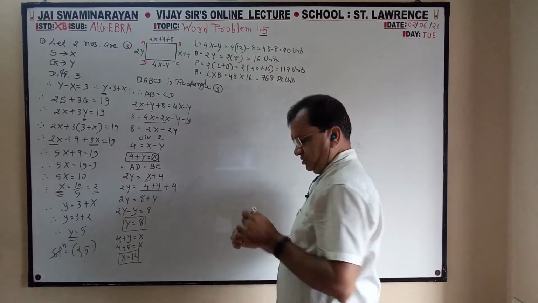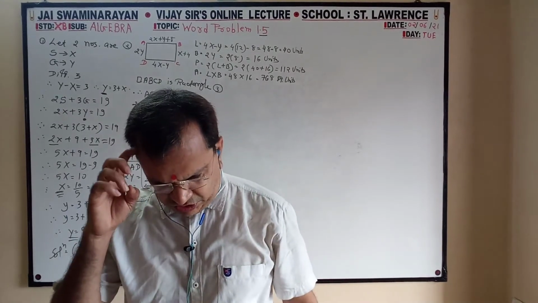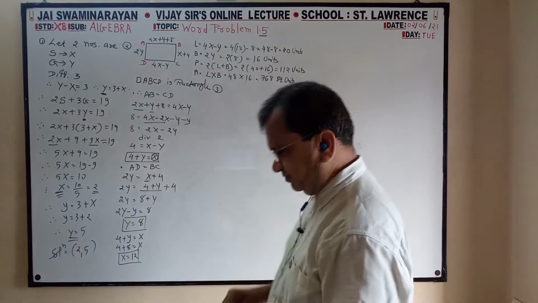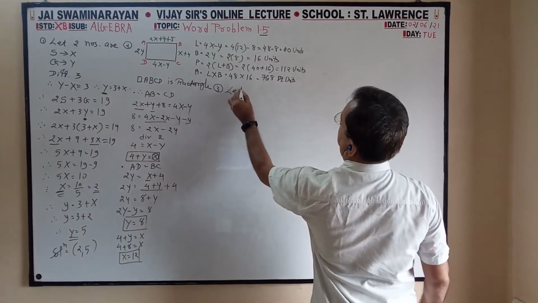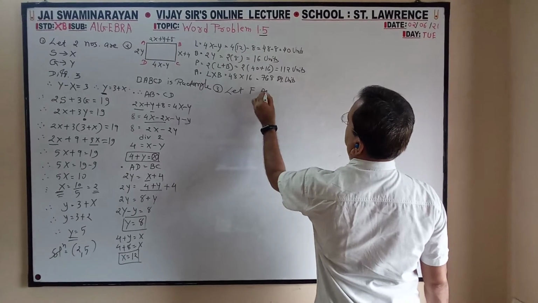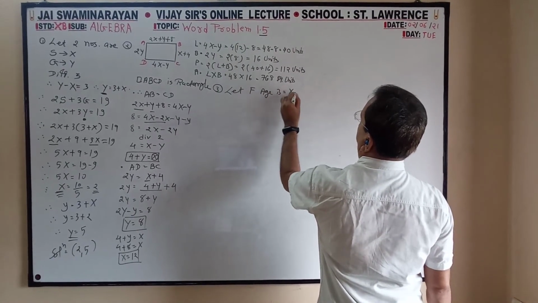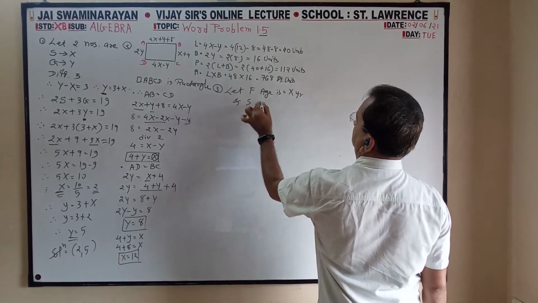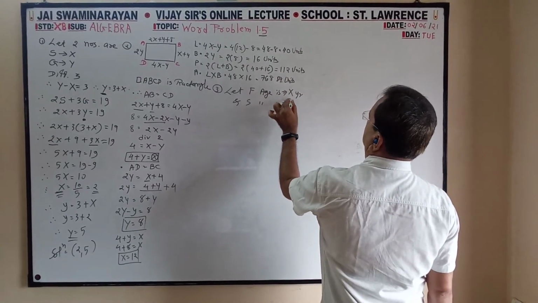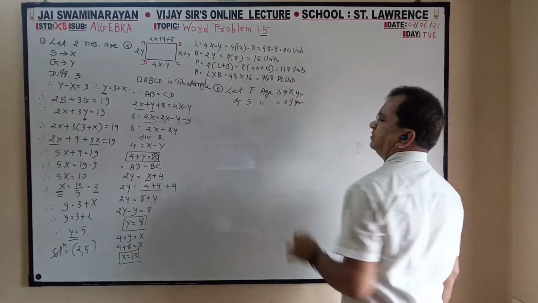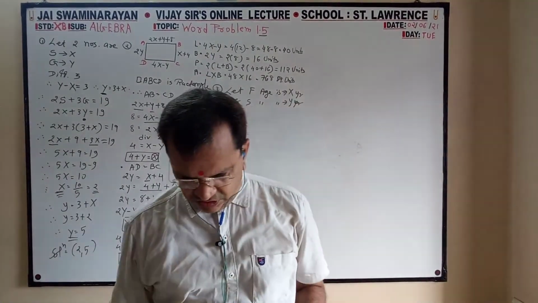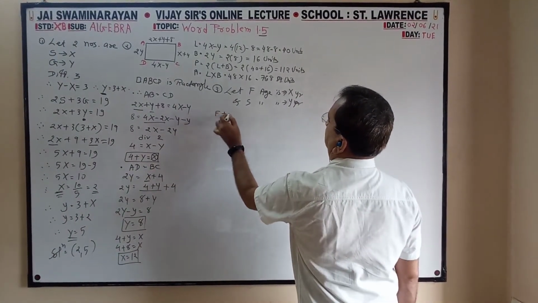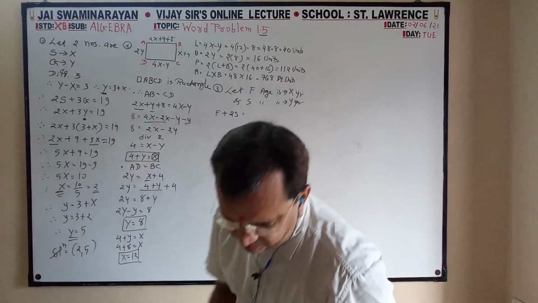Third problem. The sum of the father's age and twice the age of the son. Let father's age be x years and son's age be y years. Now the sum of father plus twice the son is equal to 70.